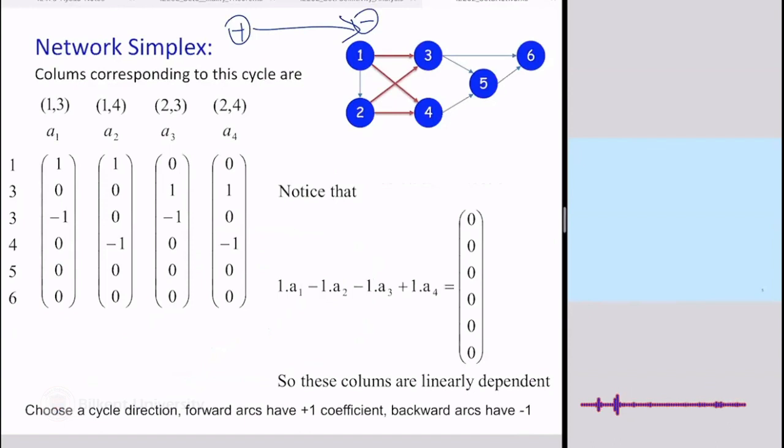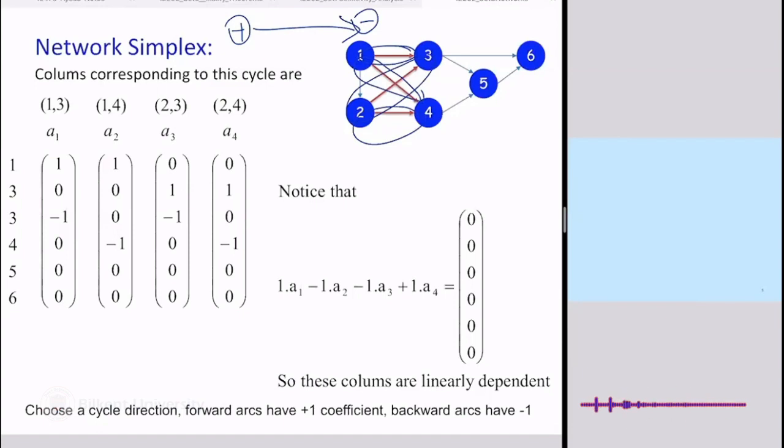So the columns representing those red arcs, the ones that I designated as my cycle, are arc 1-3, arc 1-4, arc 2-3, and arc 2-4. And these are the columns in the node-arc incidence matrix.